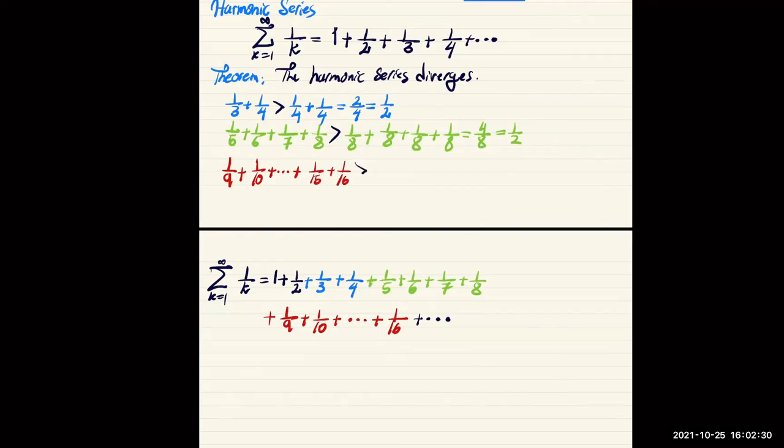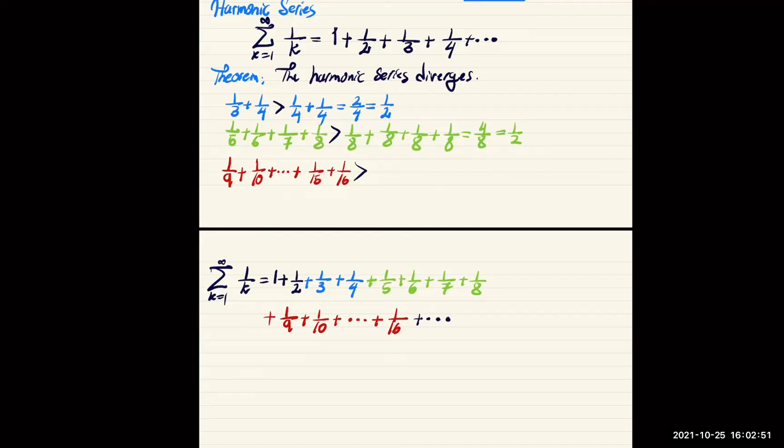Okay, we can say every one of these numbers is more than 1/16. And since we have 8 of them, 1/9 through 1/16, there are 8 values, then that group is more than 8/16, which is also half.